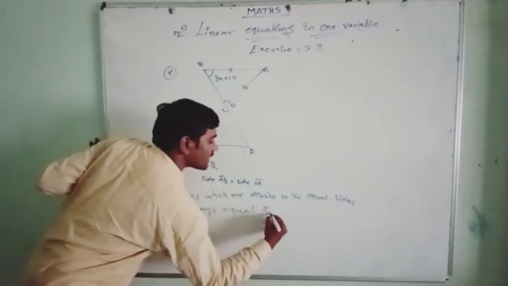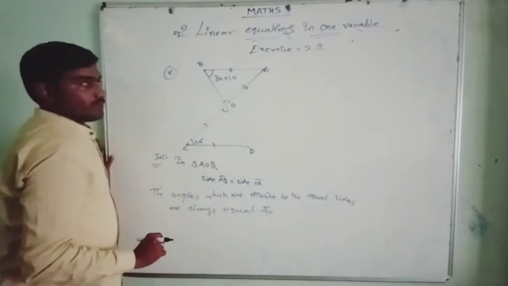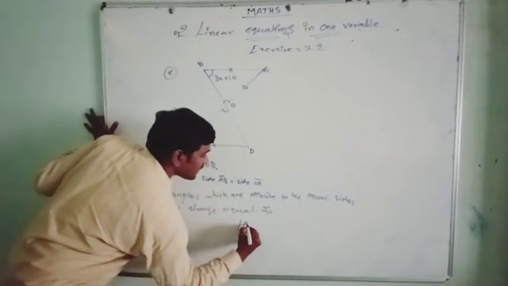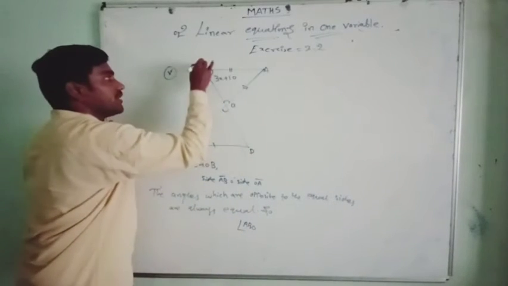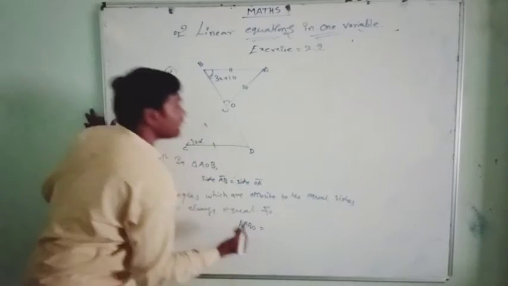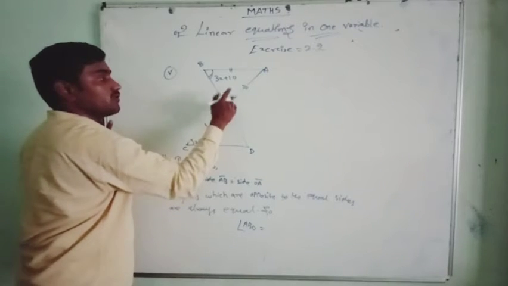So here what we get, listen, angle B is equal to angle O. That means angle ABO, this angle B is equal to this angle O. Which angle O? Here there are two angle O's, this angle O.